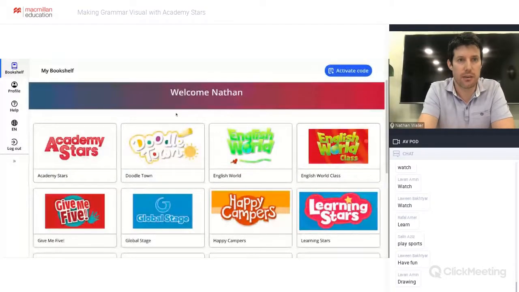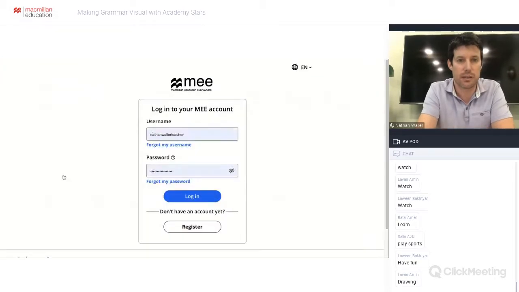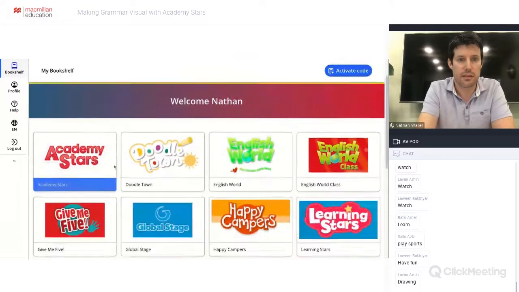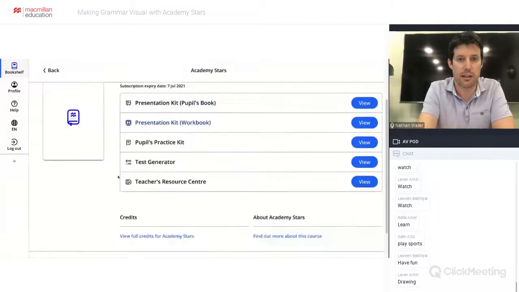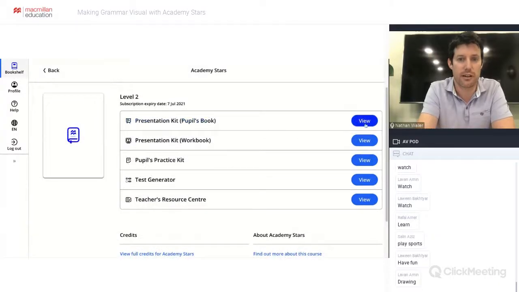This is my bookshelf in Macmillan Education Everywhere.com. I've signed in as a teacher. I've activated the code, and I can see Academy Stars. I'll log in again. It's logged me out. So I can go into Academy Stars. And again, this is what we just saw on the slide. I've got a presentation kit. We can have a look at that in a bit if you want.